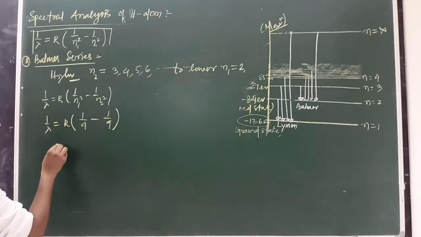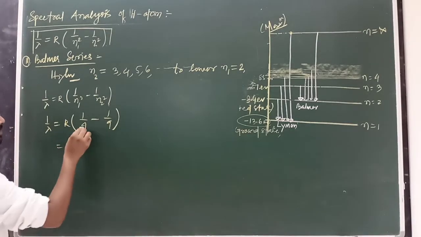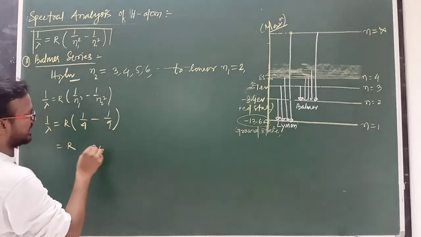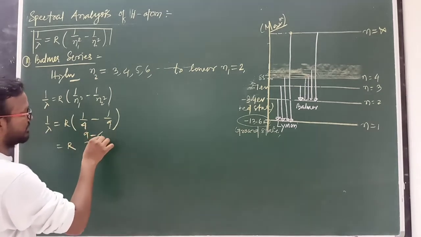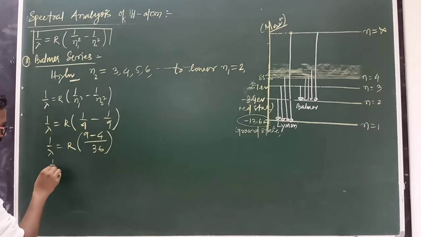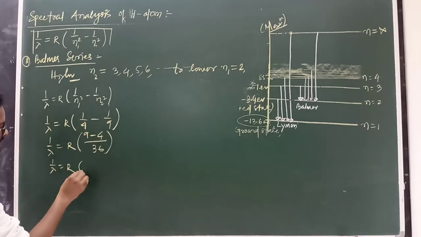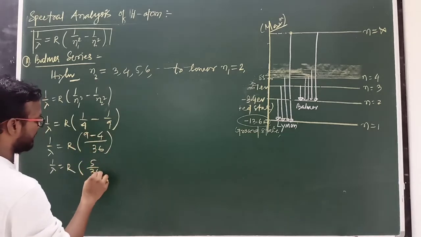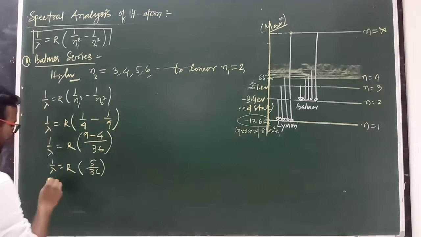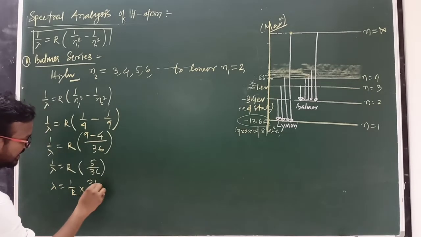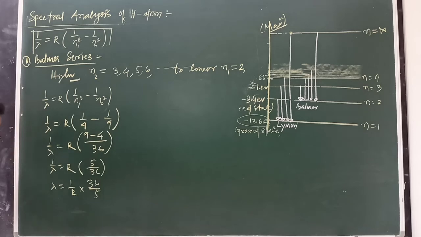Then if you solve this relation you will get R into 9 minus 4 over 36, so 1 by lambda equal to R into 5 by 36. And here lambda equals 1 by R into 36 by 5.